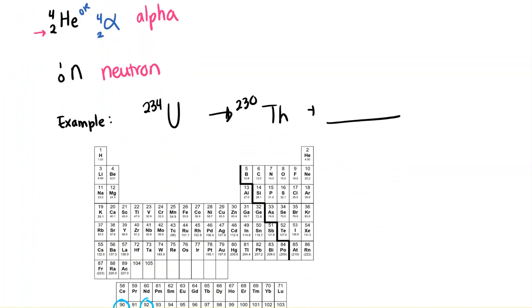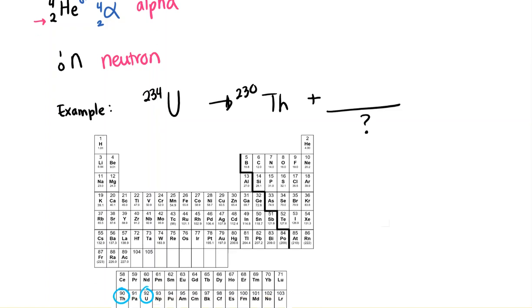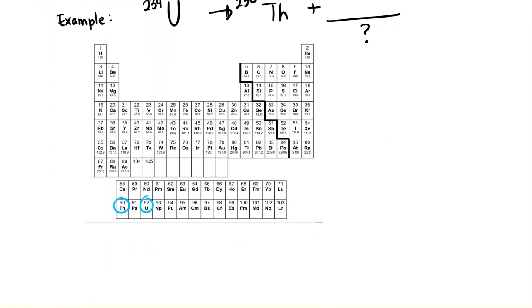The trick is that you know that these numbers are conserved. The upper and lower numbers are conserved. So let's start with getting the lower numbers on these elements. Our goal is going to be to figure out what other particle must have been given off during this decay. So let's look up uranium and thorium.